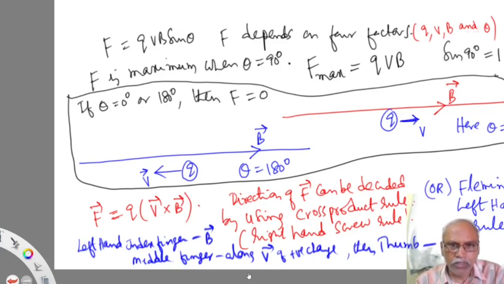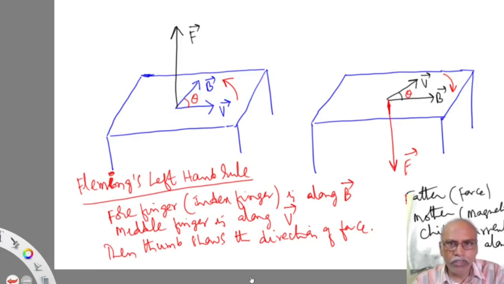Now we have shown the direction of force. You see, I have shown the surface of a table. On the table surface, there are V bar and B bar in the plane of the table. If you rotate a screw from V to B in V bar cross B bar, the screw will go up.